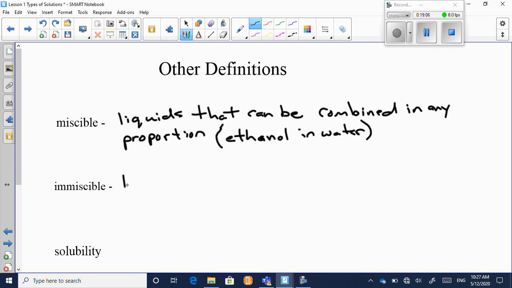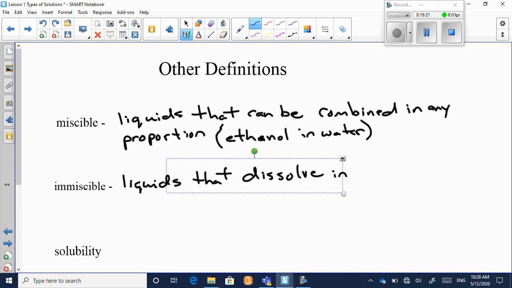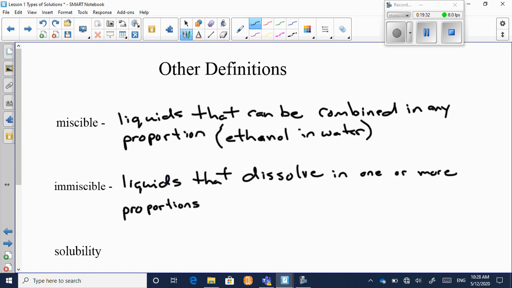Immiscible are liquids that don't dissolve in one another in one or more proportion. So obviously, oil and water are a good example of that, but it doesn't have to be like that.